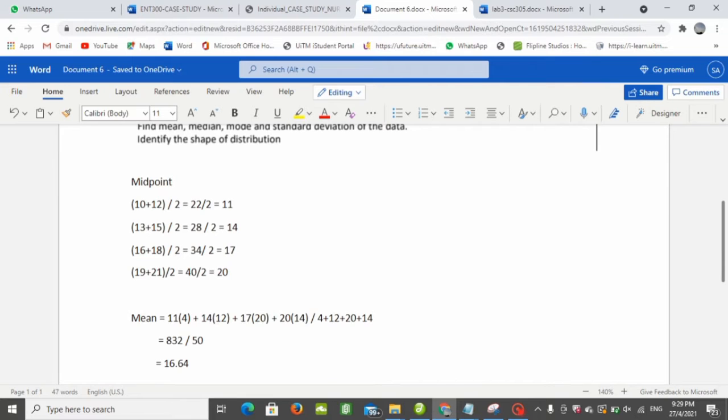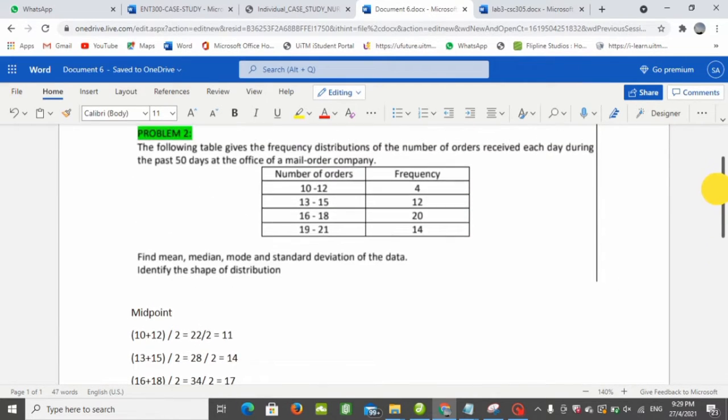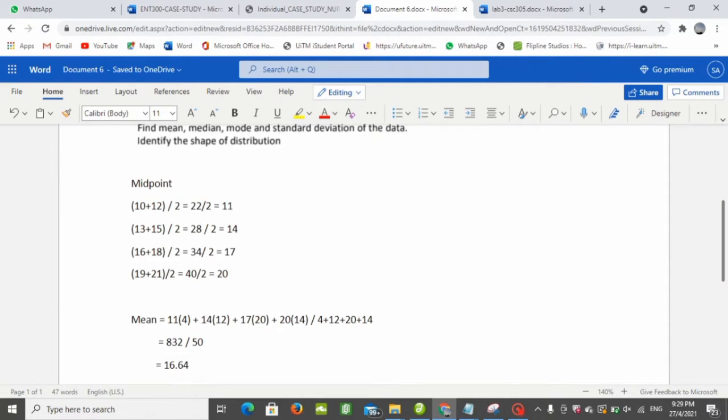And we sum it out. And we will have to divide it by the number of frequency, which is 50. So 834 divided by 50, we will get 16.64 as mean.